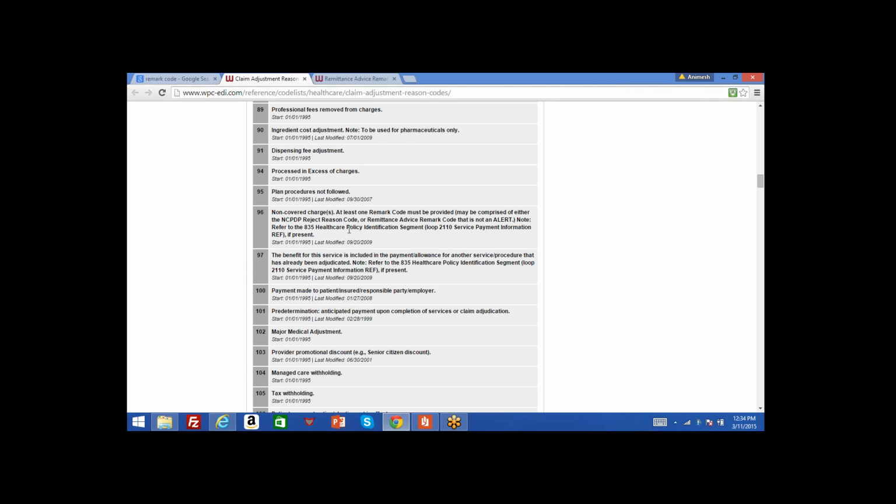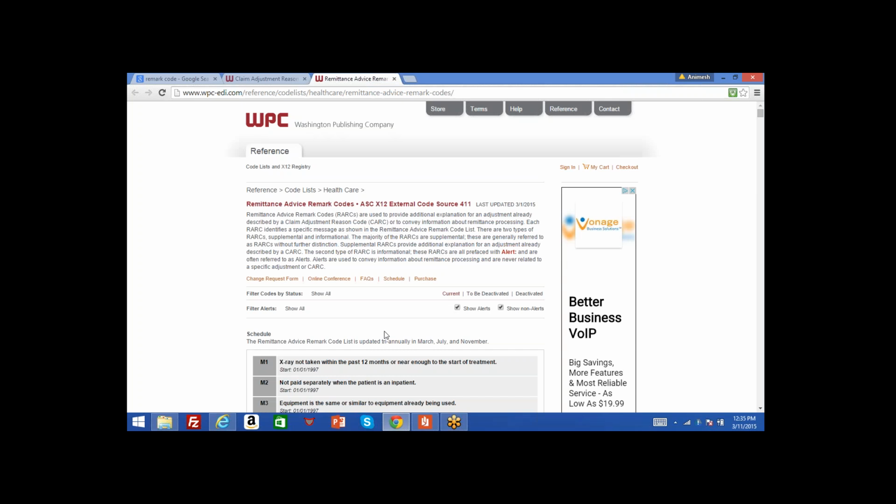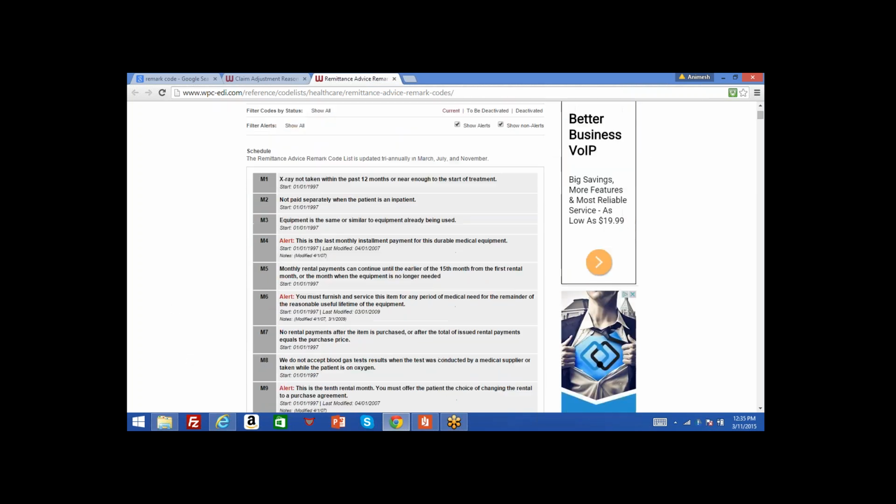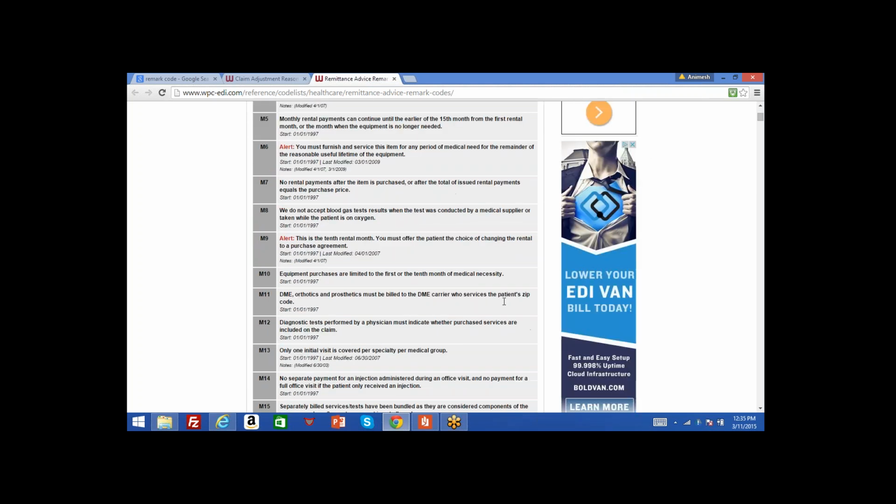For example, you cannot use code 16 to reject the claim or the line if you are requiring, let's say it's a COB claim, which is a coordination of benefits claim, and you need the other carrier's explanation of benefits. For that you need to send out a letter. You cannot use this message code for requesting the coordination of benefits explanation of benefits.